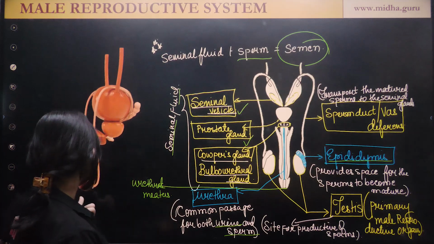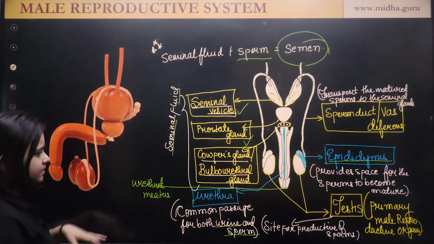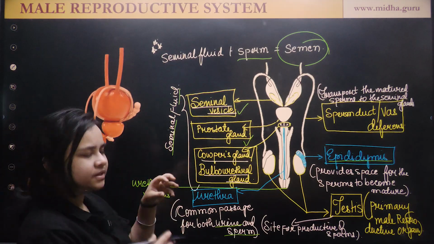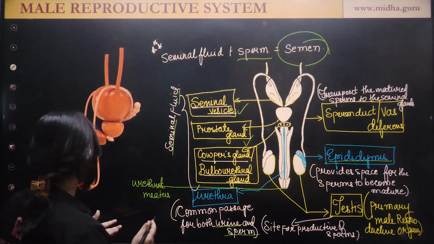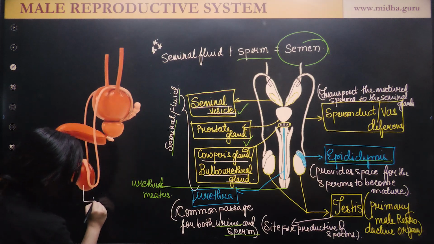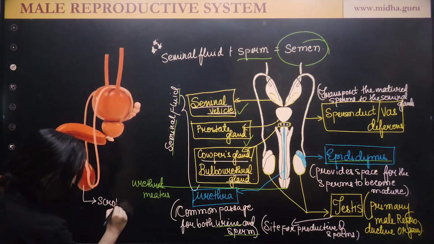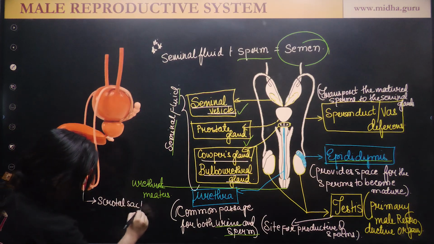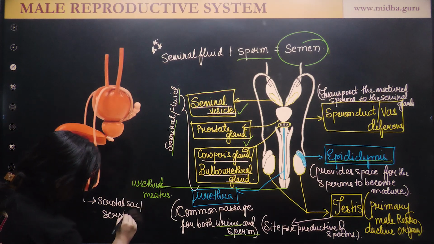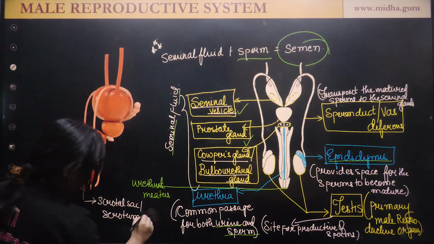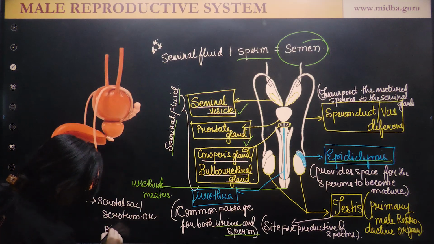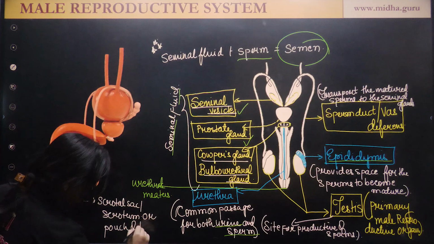This sac or bag-like structure protects the testis inside. The testis is kept inside this sac or the pouch. So this is called scrotal sac or scrotum or pouch of testis.